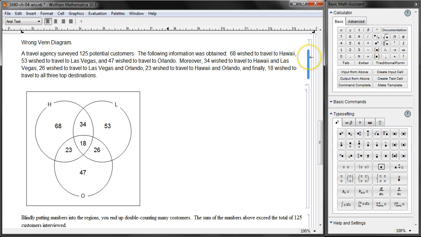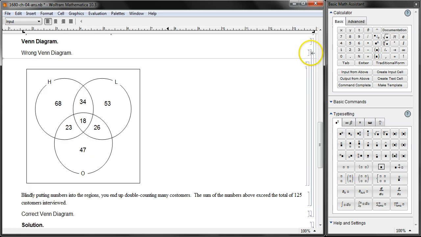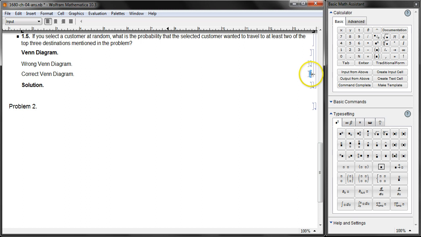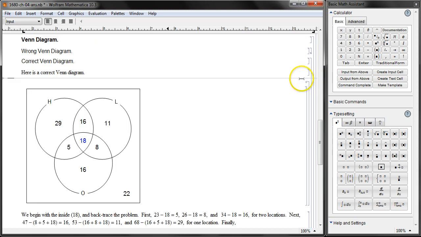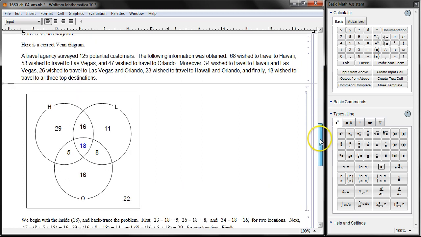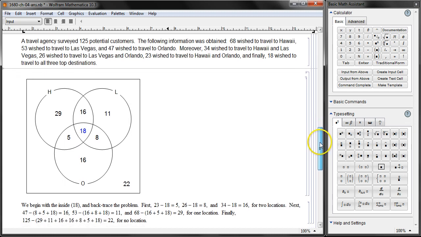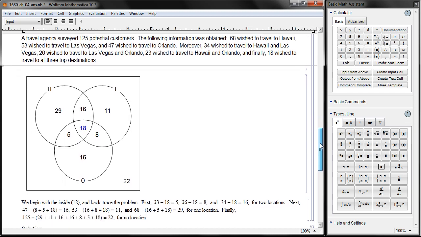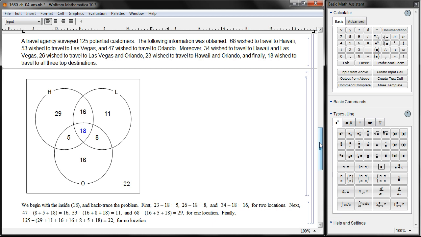Now let me show you the correct solution, or correct Venn diagram, excuse me. Okay, here's a correct Venn diagram, and the problem I just copied and pasted. We begin with 18 in the middle. Next, let's work out the people who are going to Hawaii and Orlando.